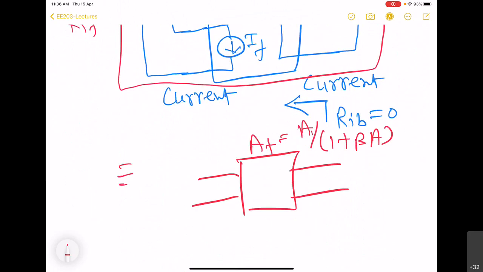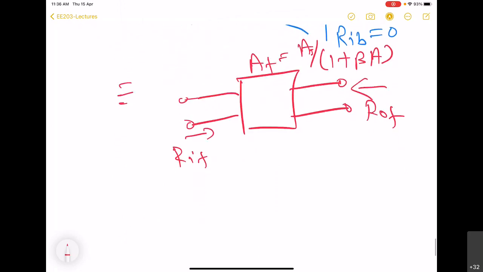That means overall gain is going to get reduced by 1 plus beta A. But this time we have a current amplifier, so the circuits that we will have to set up for RIF and ROF are going to be different compared with the previous case.